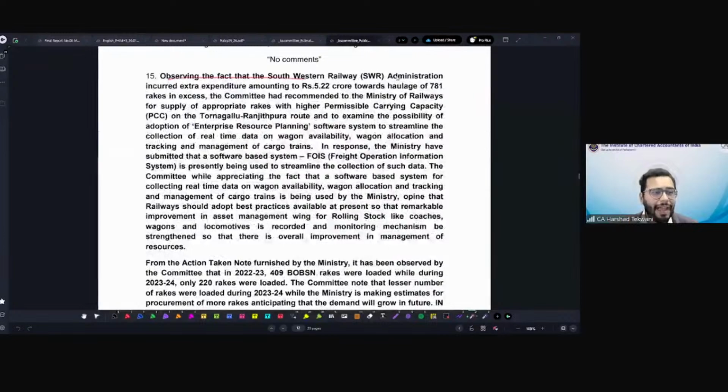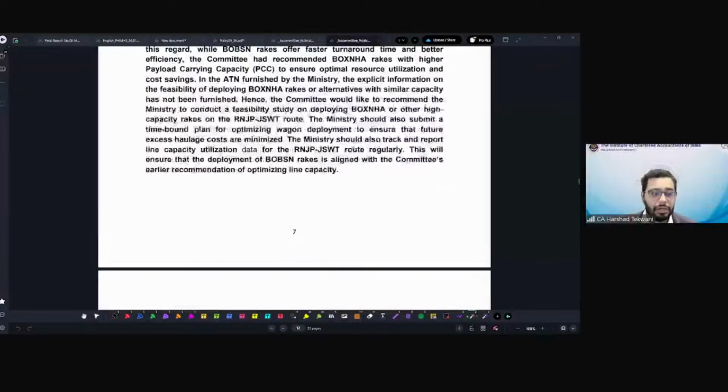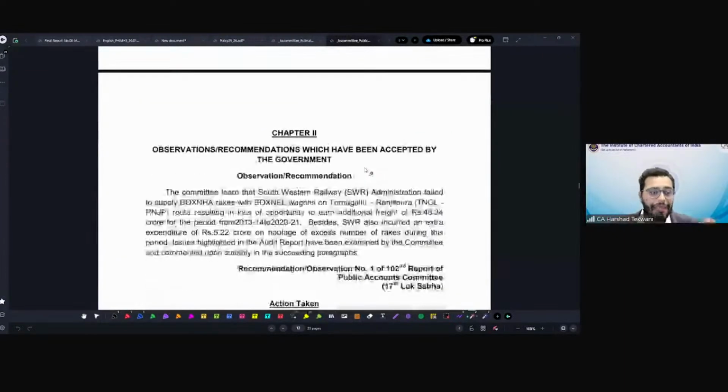Here they are checking the expenditure and asking what the observation was and why it happened. It is in-depth checking. An audit report, like a performance audit report, might have an observation that this was not done.